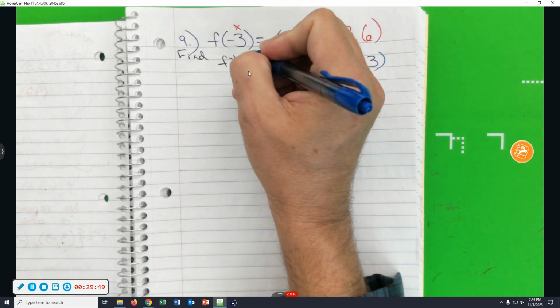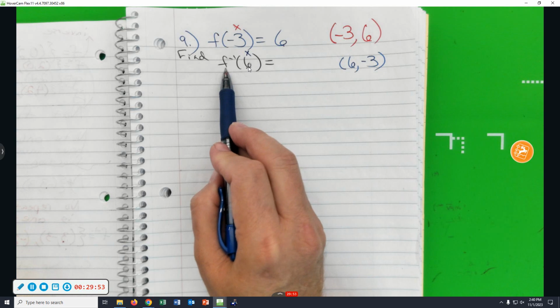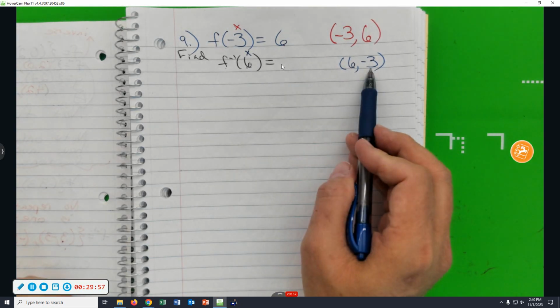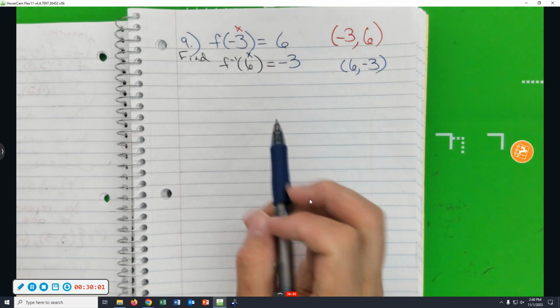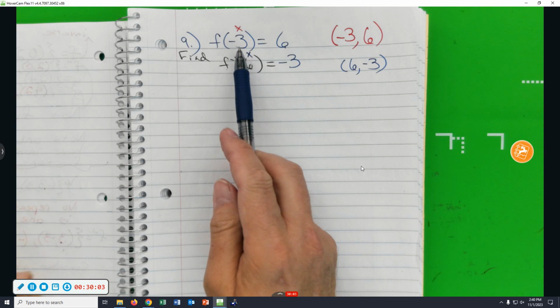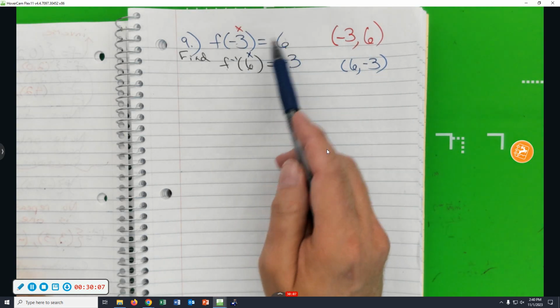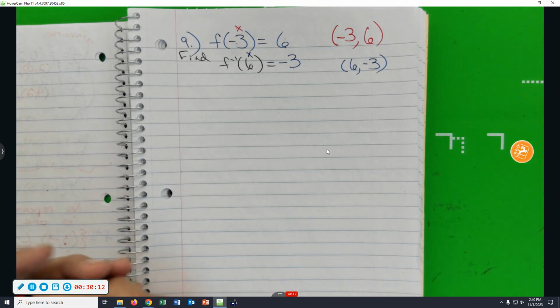So when x is 6 in the inverse function, what's the y value? -3. Notice using function notation how the x became the y became the x. And that's not surprising because that's what an inverse does.